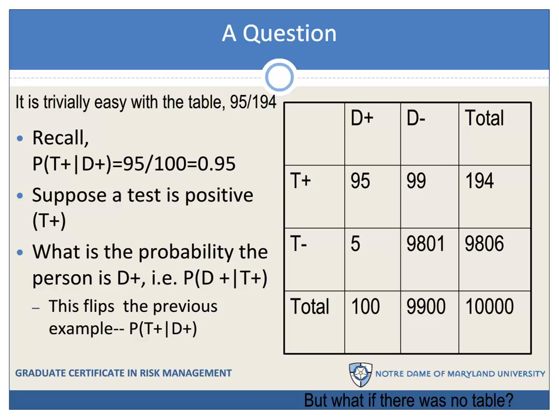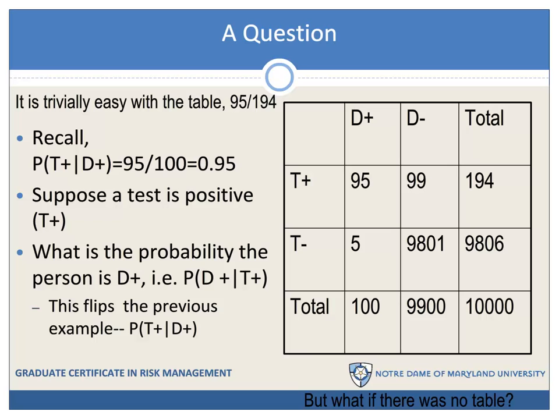You recall that the probability that a person who tests positive, given that they're disease positive, is 0.95. But let's suppose that the information that we start with is that the test is positive. Then what's the probability that the person is disease positive? That is, what is the probability of disease positive given test positive? Notice that this flips that conditional probability. It takes the two terms and reverses their order.